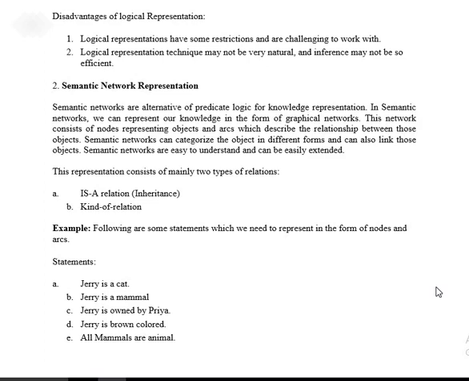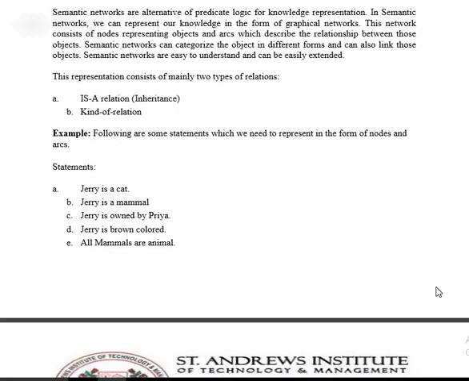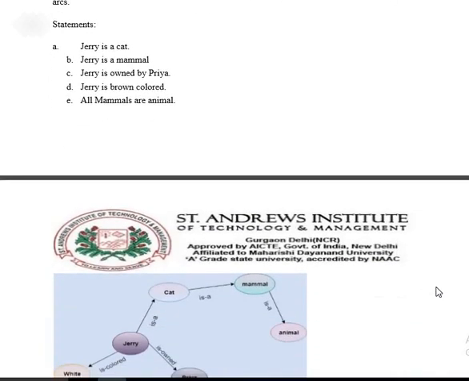When we design a diagram, we come across the objects and we gain a relationship between the two objects that gives reliable information and reliable knowledge. Semantic network is also easy to understand. The two important concepts that we use are inheritance, that is the is-a relation and kind-of relation. Let's have an example of how a semantic network is drawn.